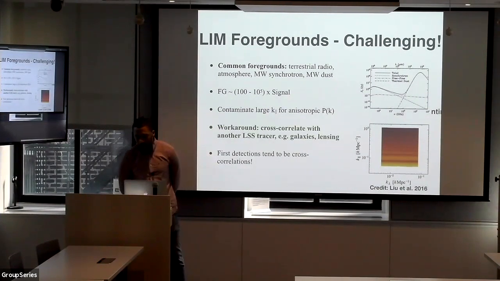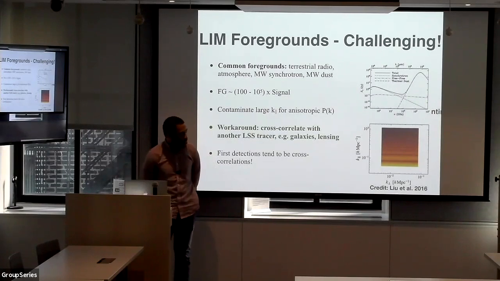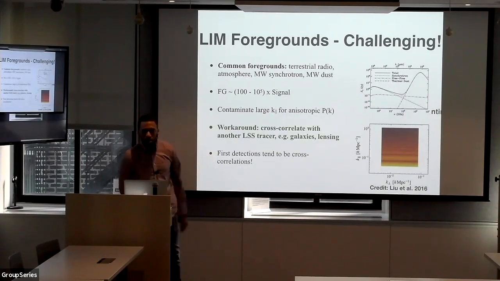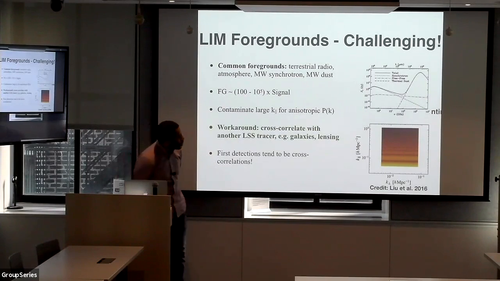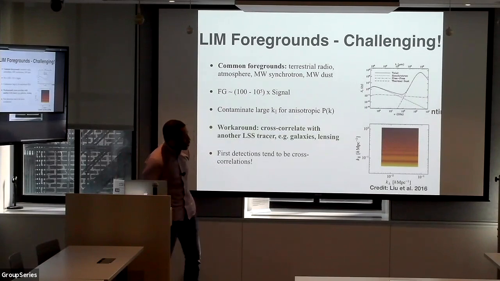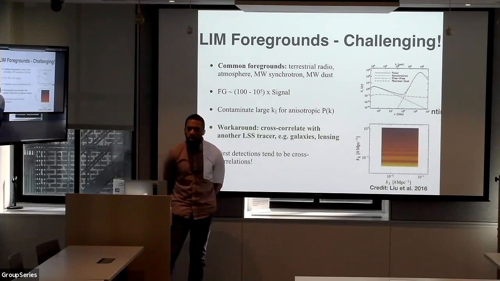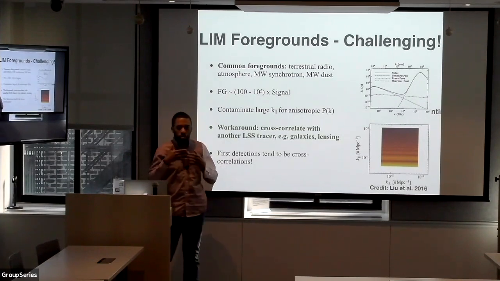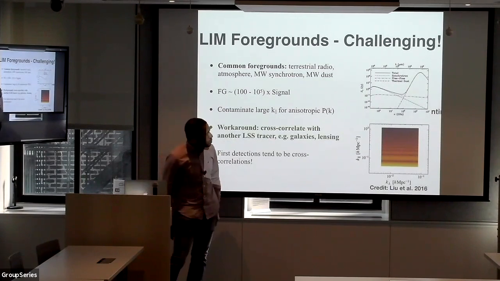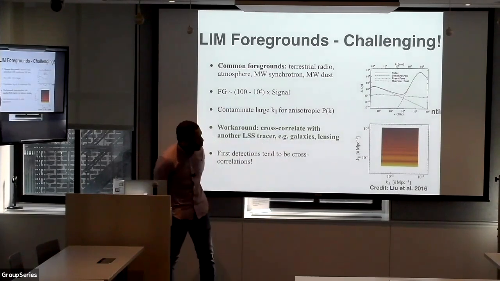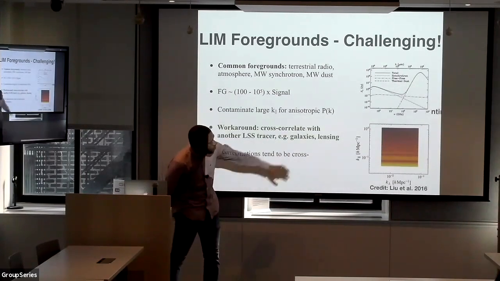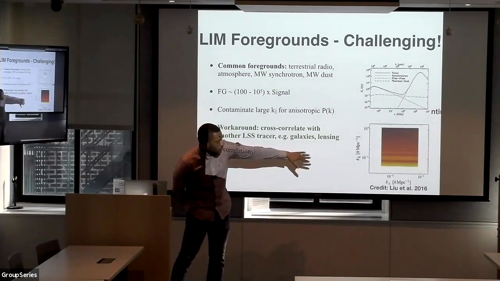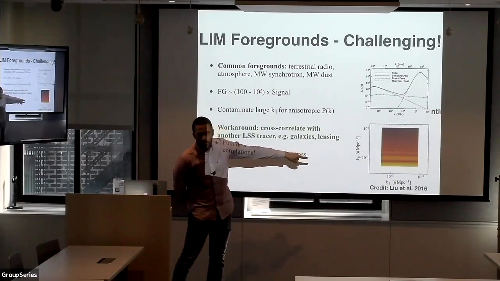Although one silver lining, at least for single dish surveys, where you use a single dish to detect the intensity, is that when you take the Fourier transform of the intensity map, any foregrounds come in as continuum emission, and those continuum emissions tend to contaminate large scales along the line of sight. This is a map of what a foreground will look like in Fourier space, where your continuum foregrounds populate this lower region of large scales along the line of sight.